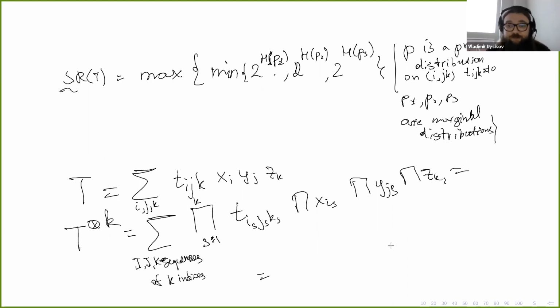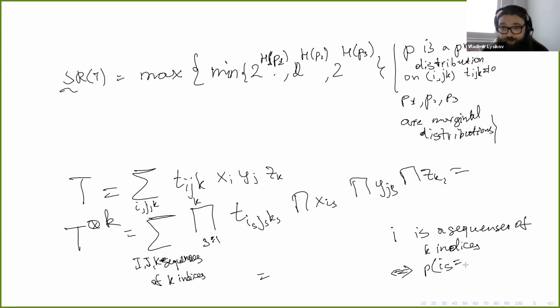So if I have a sequence I, for example, a sequence of k indices, it corresponds to a probability distribution.